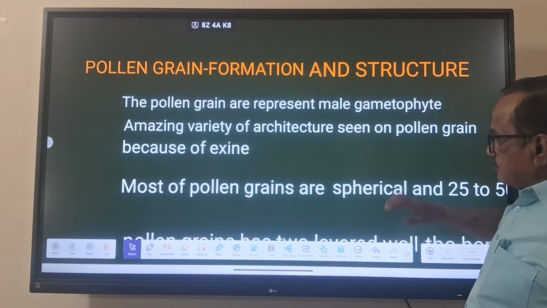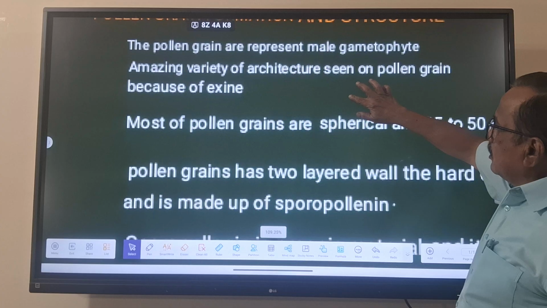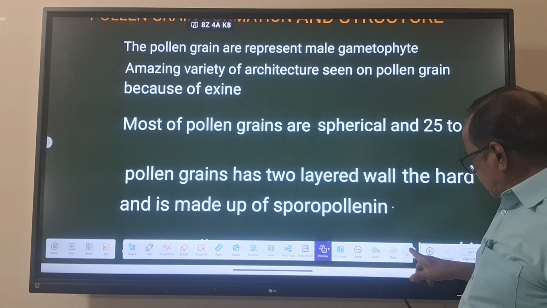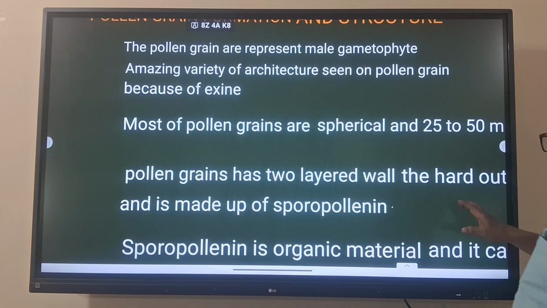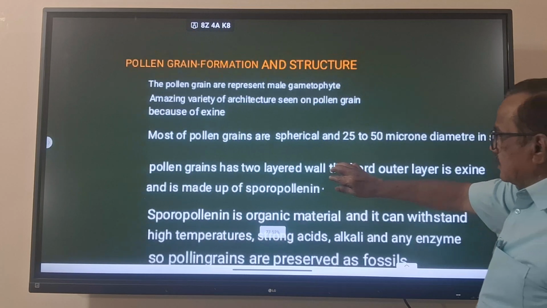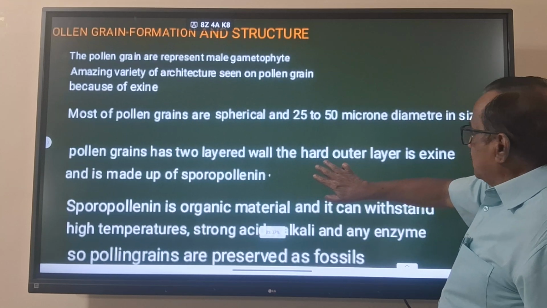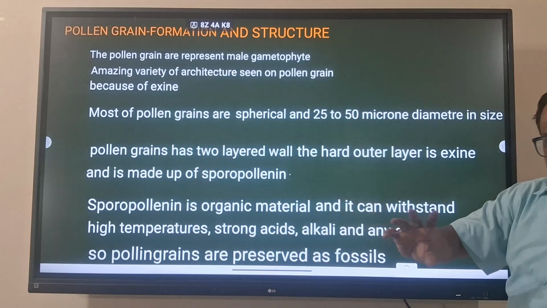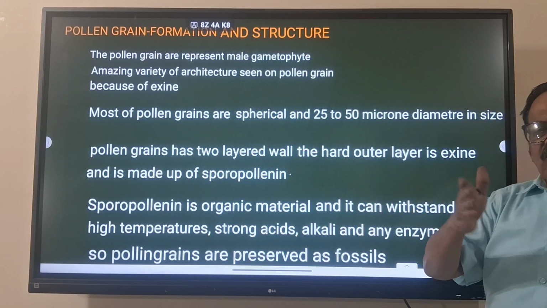Pollen grains have a two-layered wall. Around it there are two layers, so it is protected by two layers of the wall, which we can also call the cell wall.